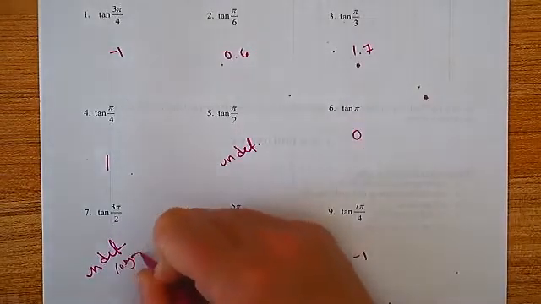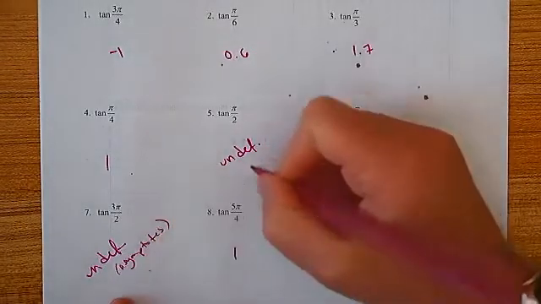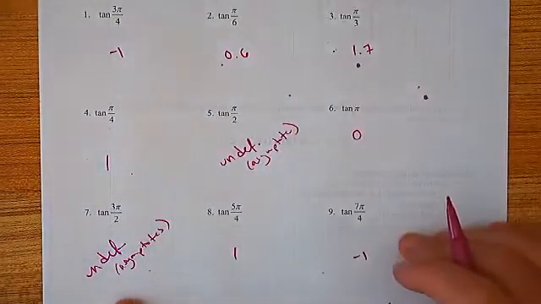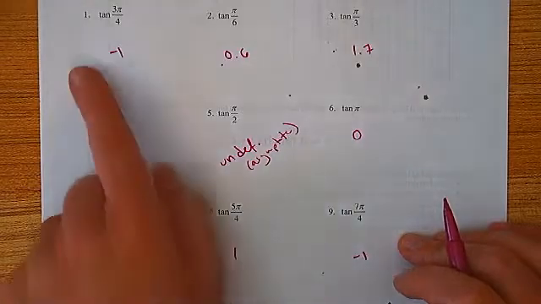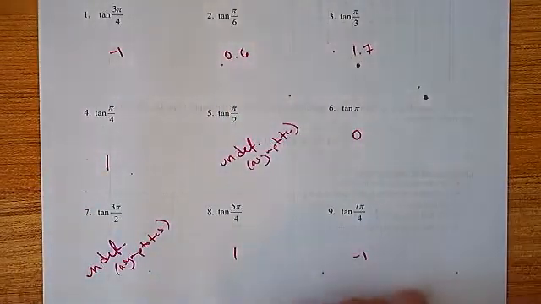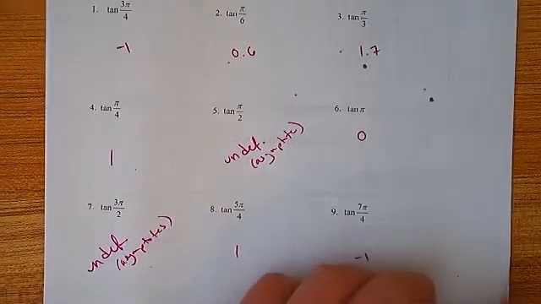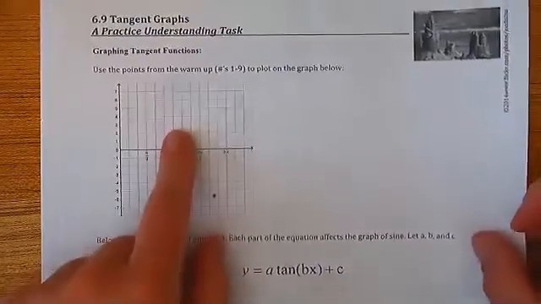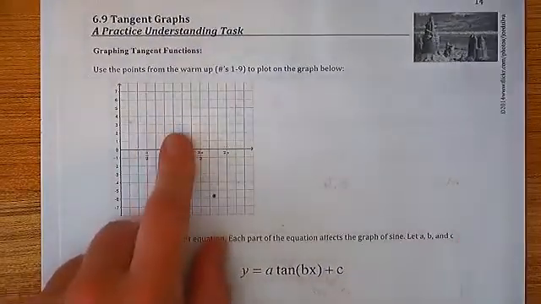So these are going to be asymptotes that we're going to put on our graph. Okay, so I'm going to use all of these values to plot them onto here. You guys can go ahead and do the same, and let's see what this graph looks like.